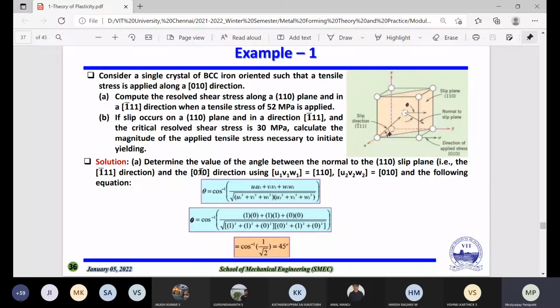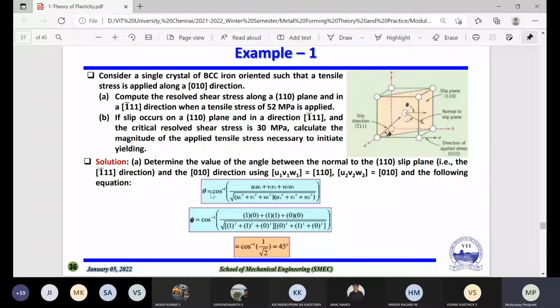Consider a single crystal of BCC iron oriented so that a tensile stress is applied along a 0 1 0 direction. Normally you use U1, V1, W1 for the 1 1 0 plane, and the second is the direction 0 1 0.